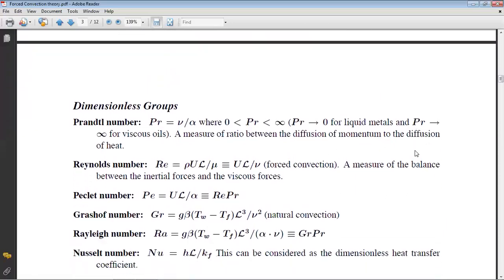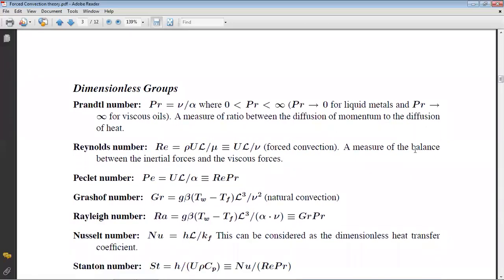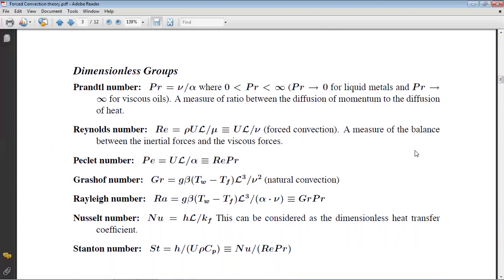Now we will come across some dimensionless groups which are used to identify the processes. The first dimensionless group is given by the name Prandtl number. Prandtl number can be defined as the ratio of momentum diffusion to the heat diffusion or thermal diffusion.